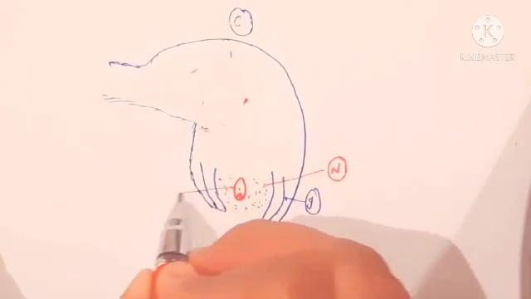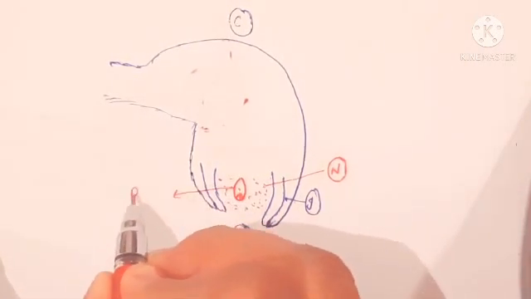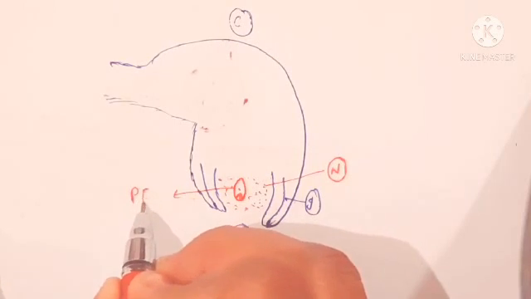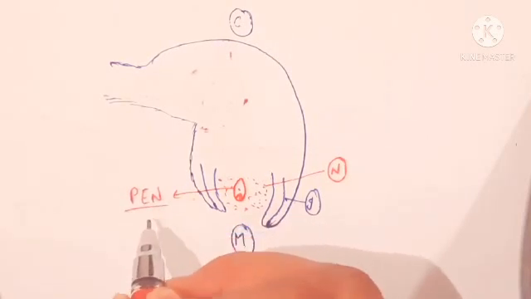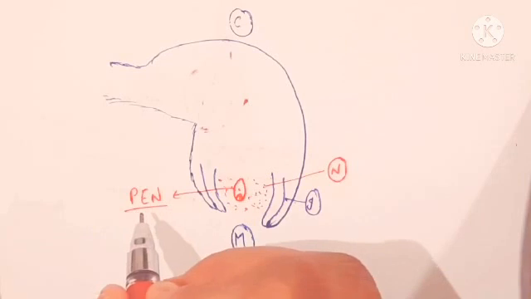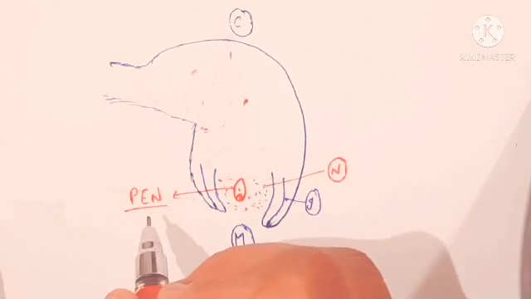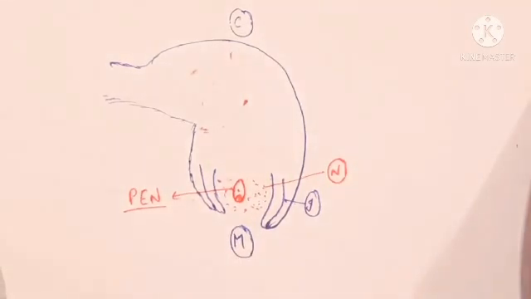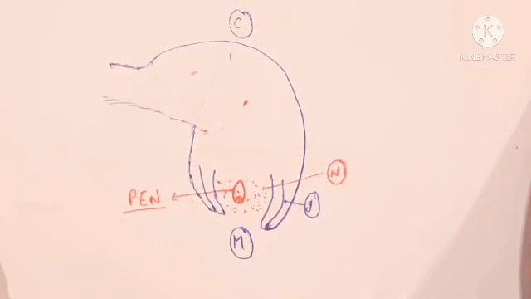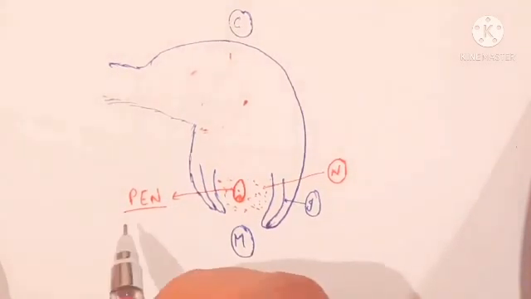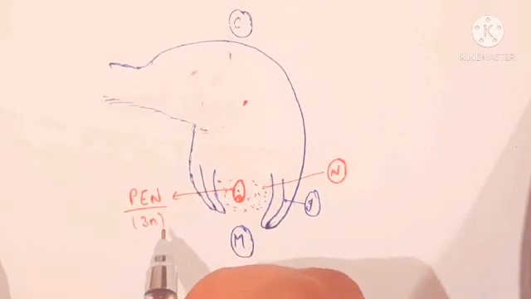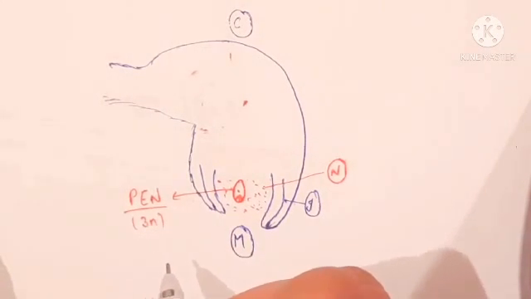And what is this? This is PEN, which stands for primary endosperm nucleus. What is the ploidy? It is triploid, triploid in nature.